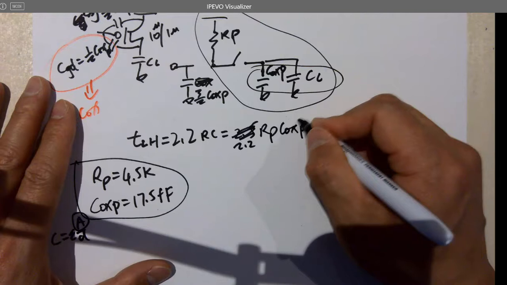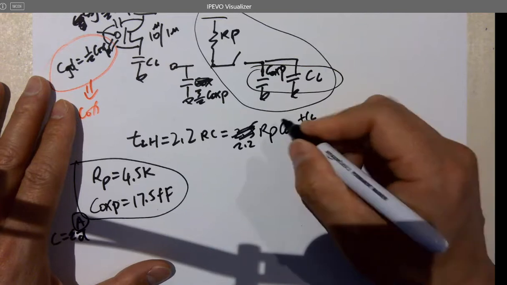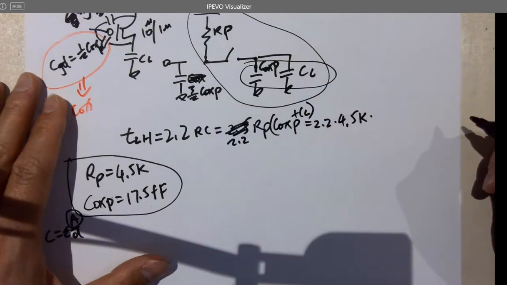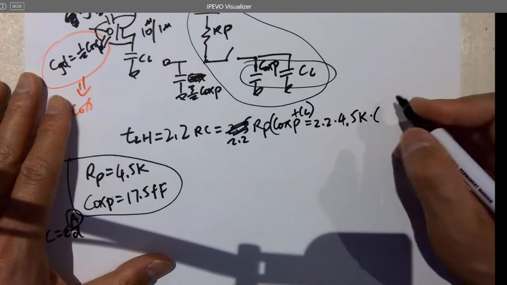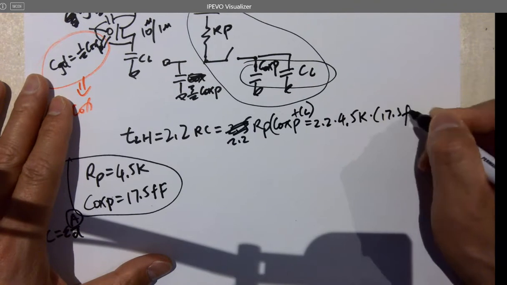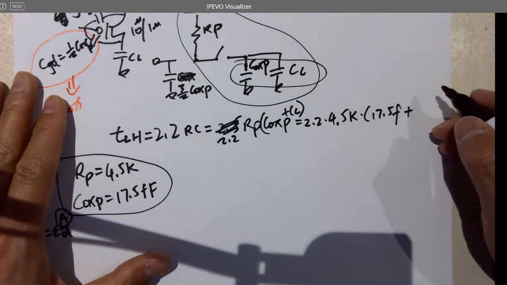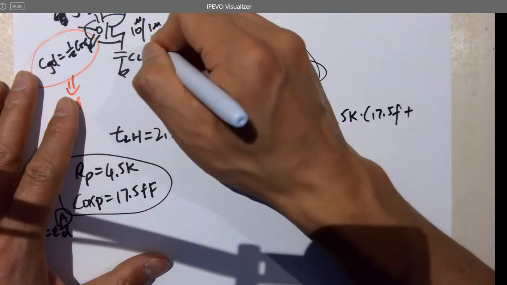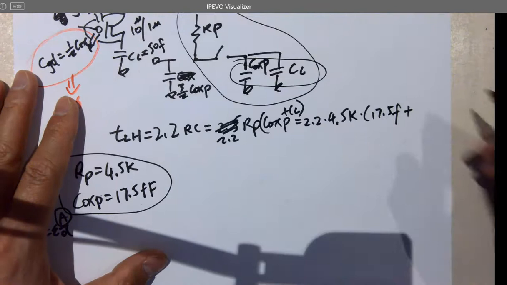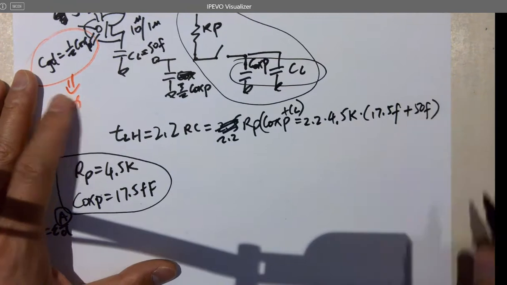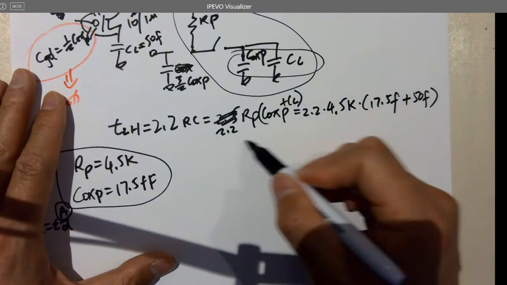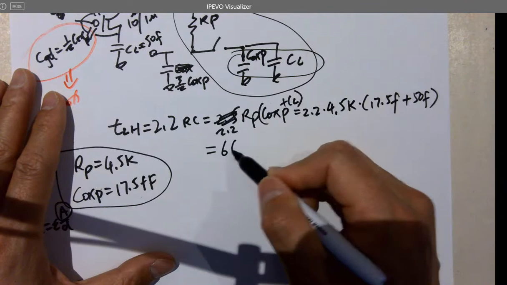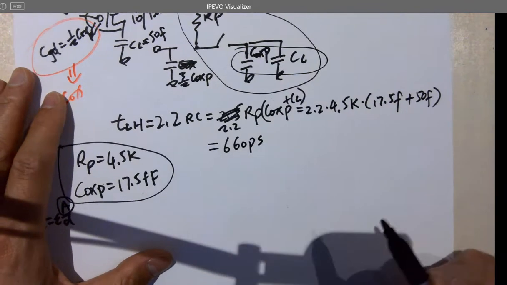Cgs P plus CL, 17.5 femto plus, what's the CL? CL is also 50 femto here. Which is 660 picoseconds.